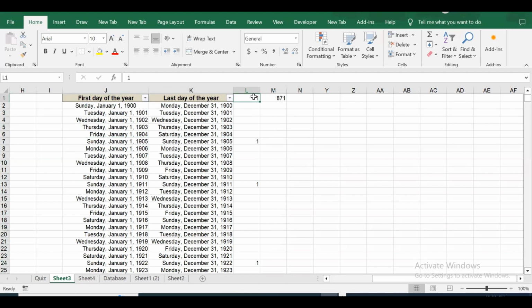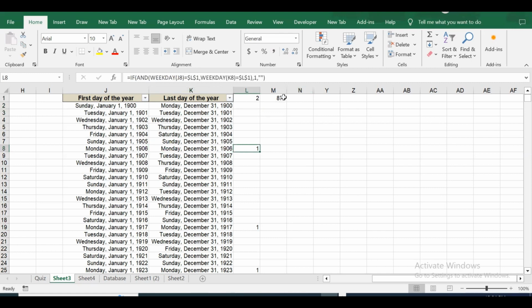In Arabic, we say Sunday is Yom al-Ahad. And for Monday, 2 is for Monday, Yom al-Ithnain. There are 870 such years in the Excel system in which the year starts with Monday and the last day of that year is also Monday.